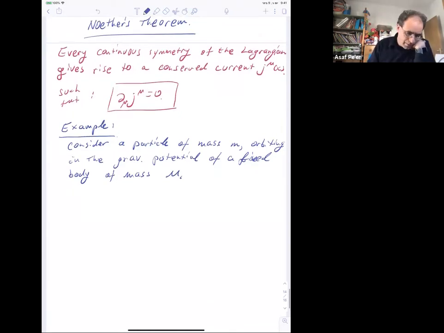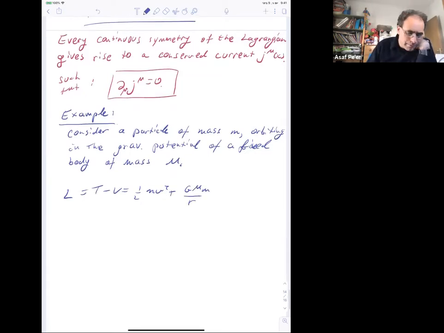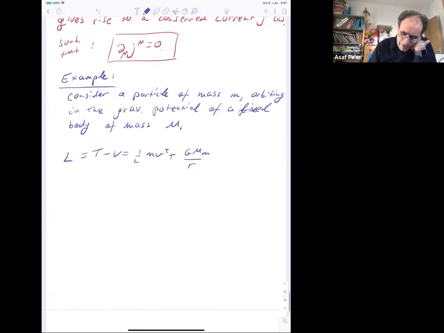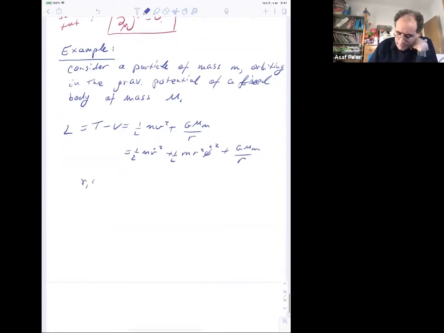So L equals T minus V, 1/2 m v squared plus GMm over r. The velocity I can split into r and phi coordinates. So this is 1/2 m r dot squared plus 1/2 m r squared phi dot squared plus GMm over r. R and phi are polar coordinates.